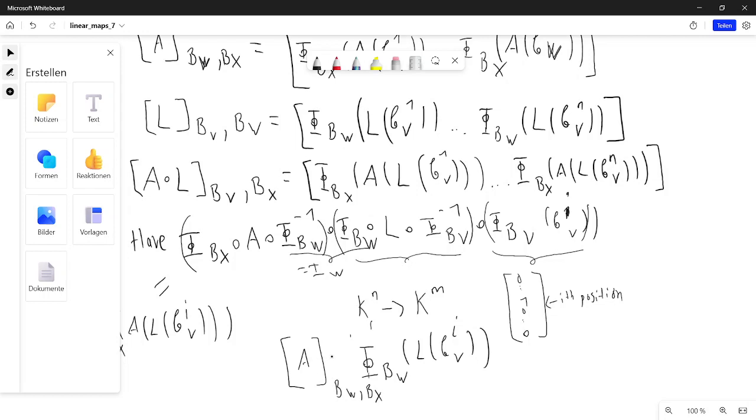Because we take the coordinates, this applies A, and this gives the coordinates back. So this is nothing else but the matrix itself.